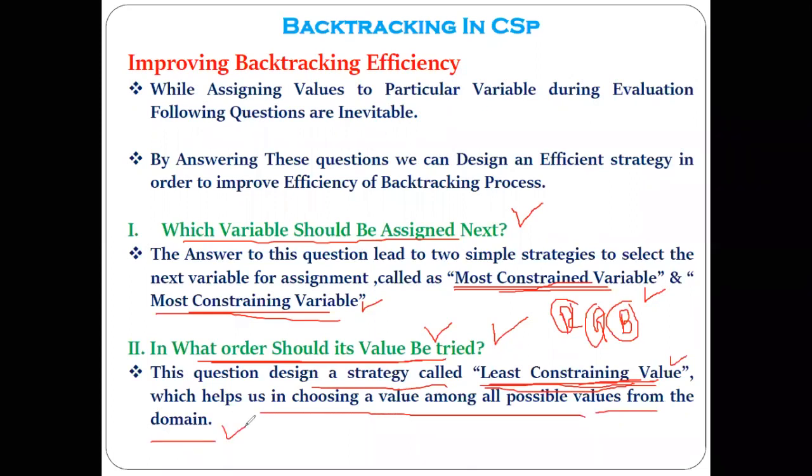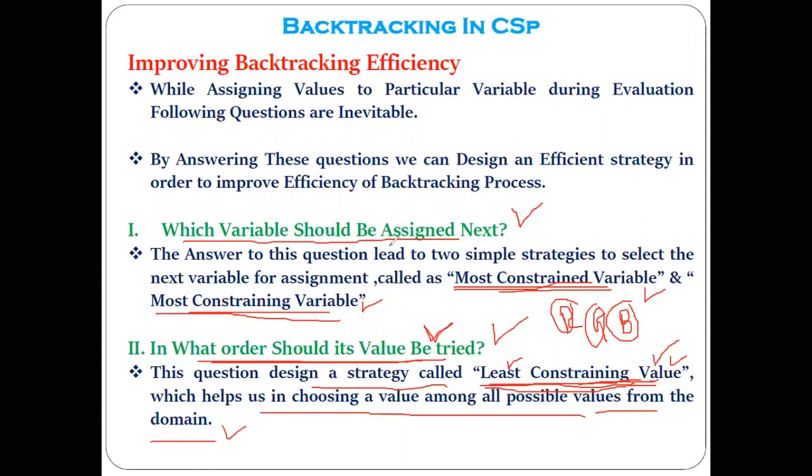Which value in the domain to choose can be decided with the help of this third technique, the least constraining value. So the order is decided by this particular technique, the least constraining value.